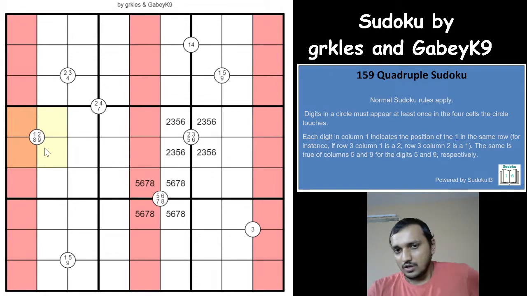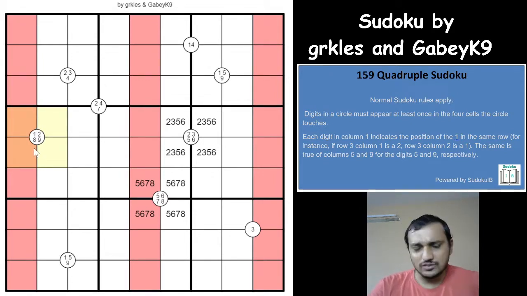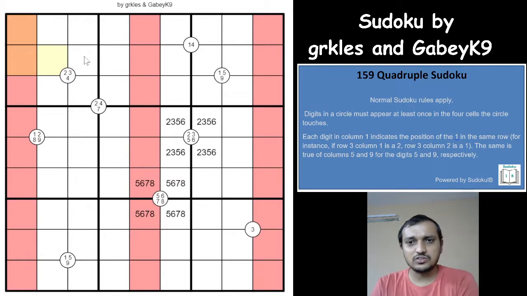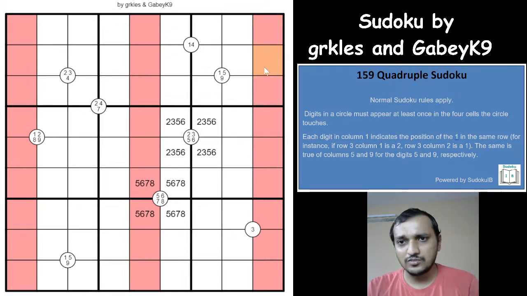Another logic in 159 Sudoku is in every box. There are 9 boxes here, and every box has 3 red shaded cells. In those 3 shaded cells, the digits would have to be higher, medium and lower. One of the digits would have to be higher, that is 7, 8 or 9.